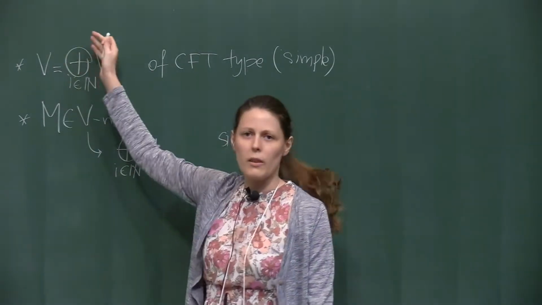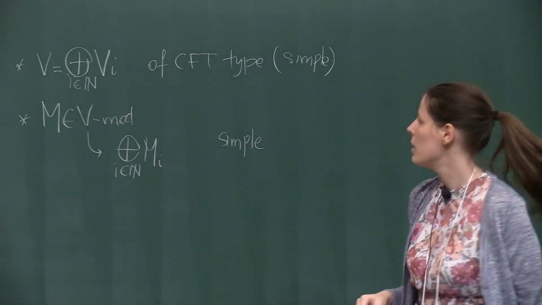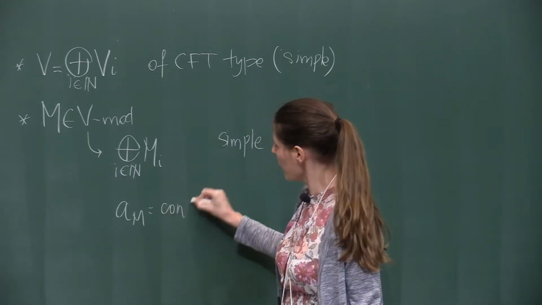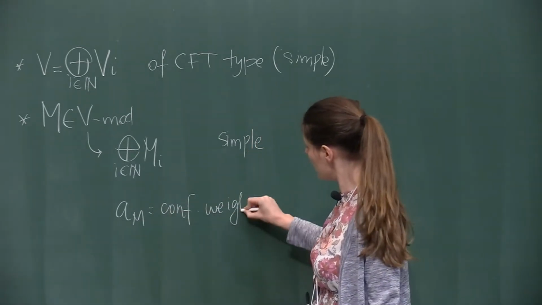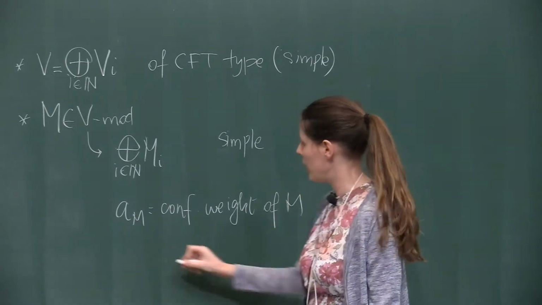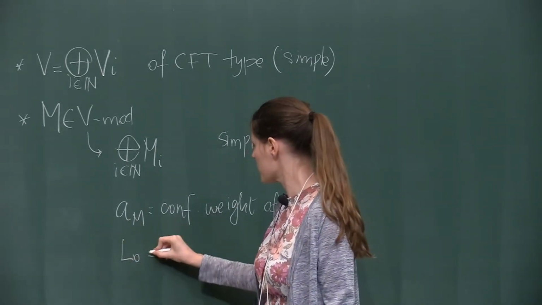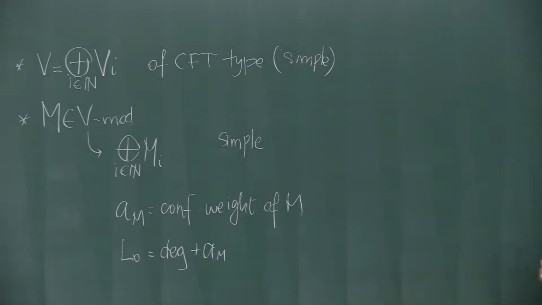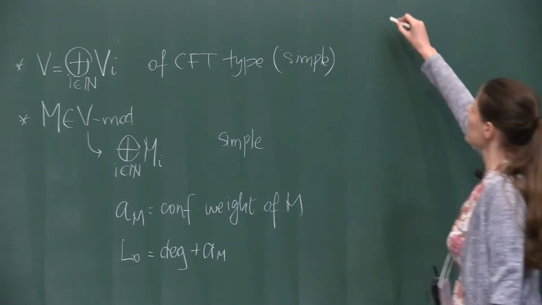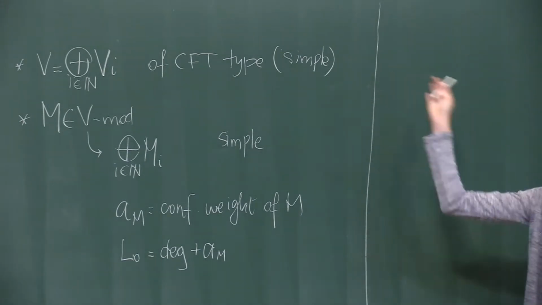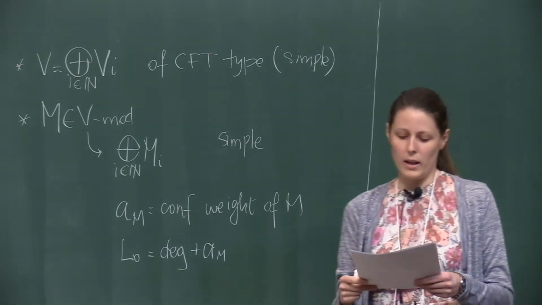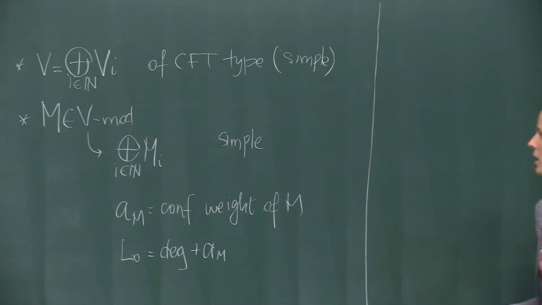Admissible meaning that there is a graded action of V on M. And I will call a(M) the conformal weight, meaning L_0 acts by the degree plus a(M). I guess those are my assumptions. And I might add some extra later to make things easier, to show things. But for a second, let's assume we are only in this situation.